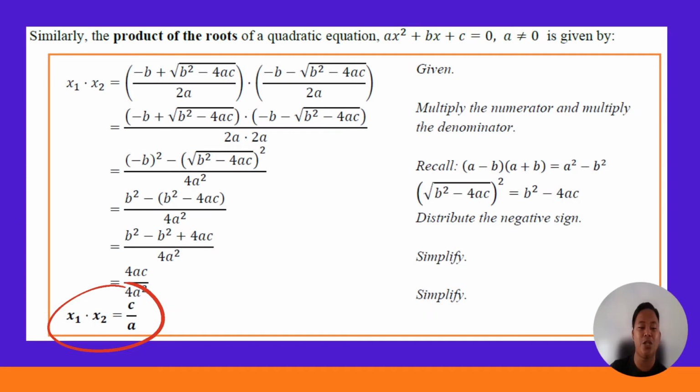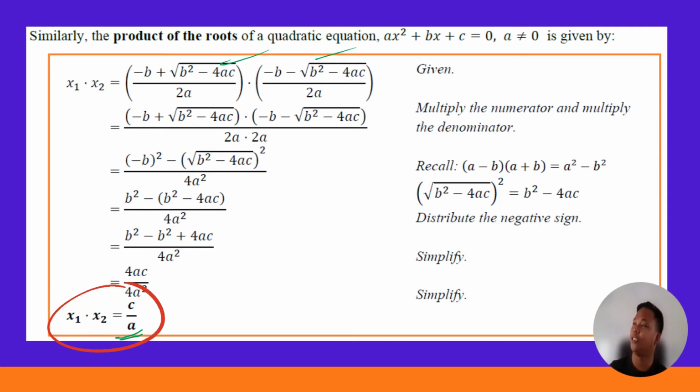And using the quadratic formula also, and having these two roots, or this formula on how we're going to find the roots of a quadratic equation, we can conclude that the product of the roots is equal to the coefficient of c over a.